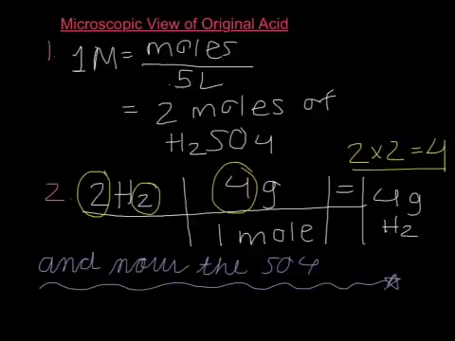Then you use its molecular formula values to convert the 2 moles of H2SO4 into grams. So you do the procedure, and as you can see, there are 2 H2s. So 2 times 2 would give you 4, and you find that you have 4 grams of H2.